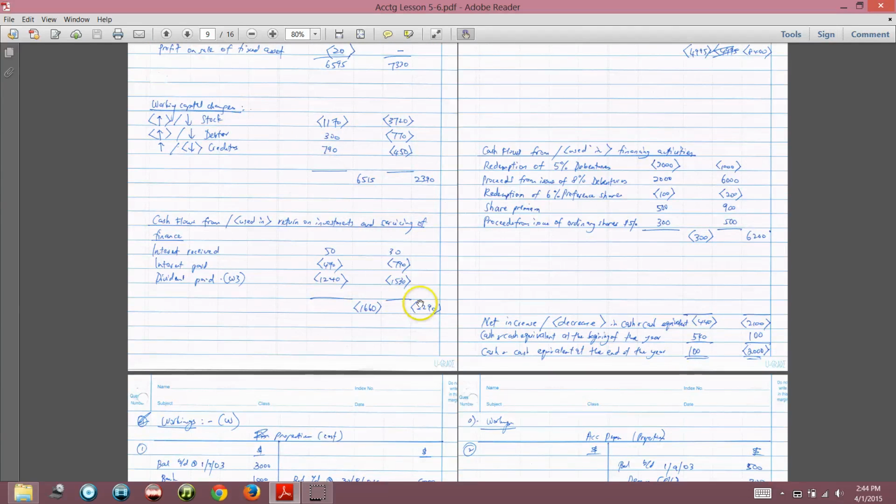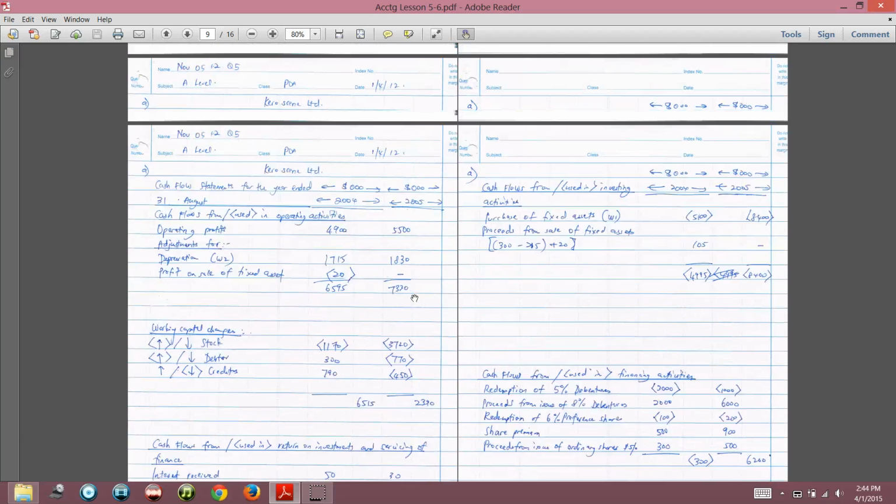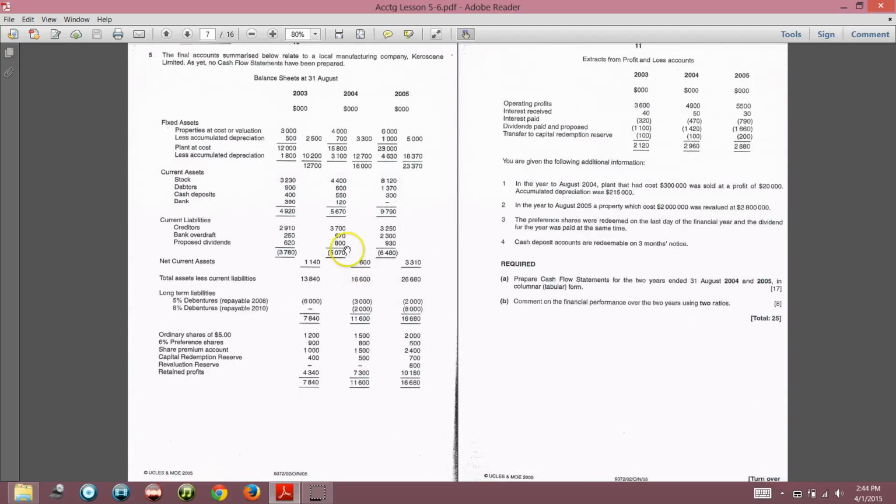Okay, so now this 1530. You see here, the beginning of 2005 is the same as the end of 2004. We owe them 800. Use your calculator, 800 plus, during the year 2005, we promised to pay them 1660.